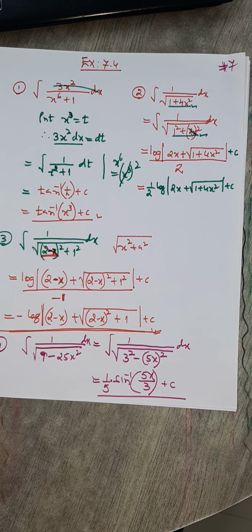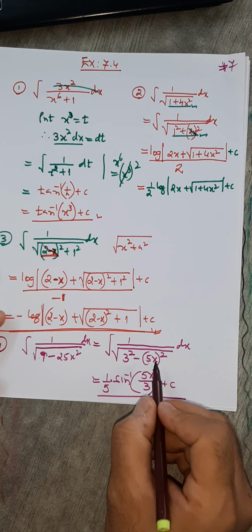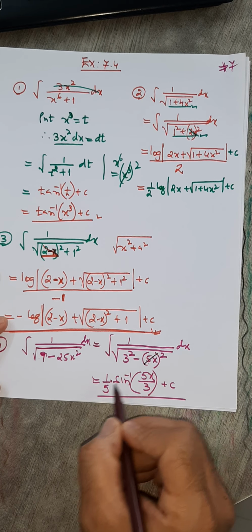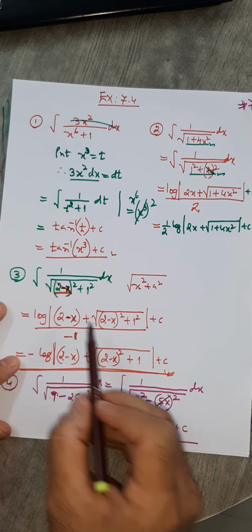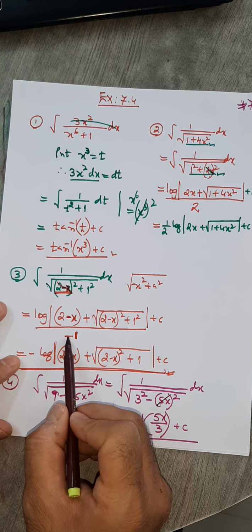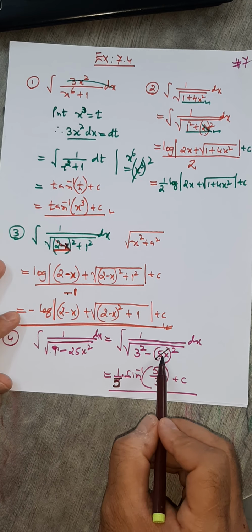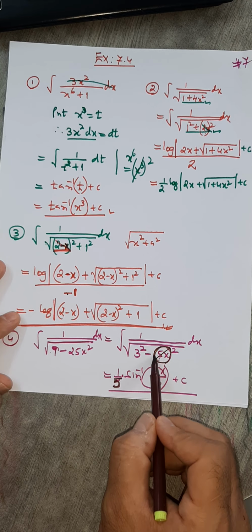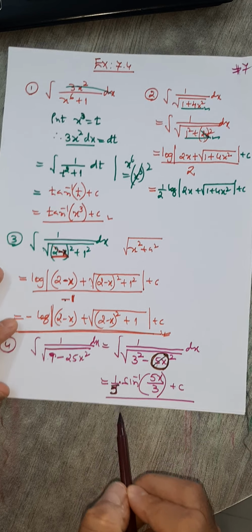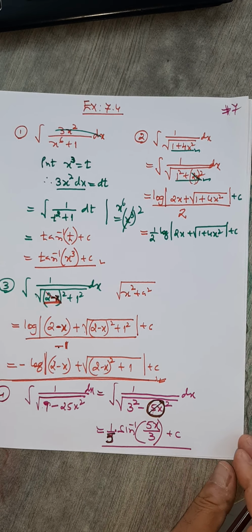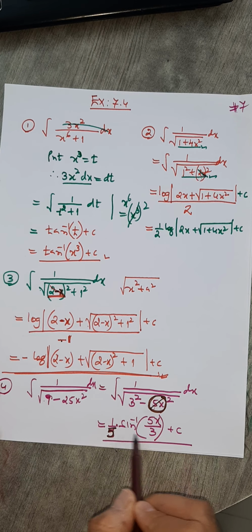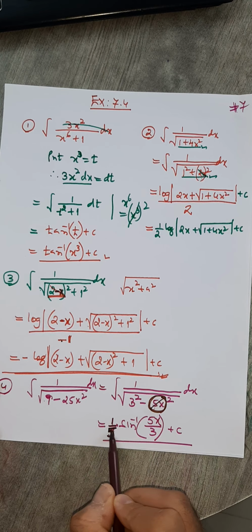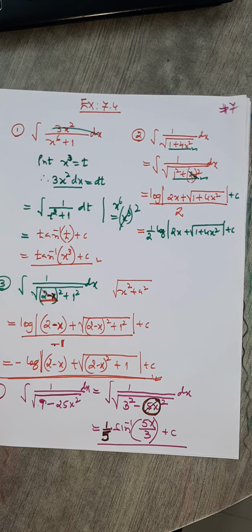Because there I have considered 5x as x, so I need to write upon the coefficient of x, which is 5. Here you see upon the coefficient of x, which is minus 1. When you consider a linear function as x, always you need to write upon the coefficient of x, which is 5, remember, not minus 5.